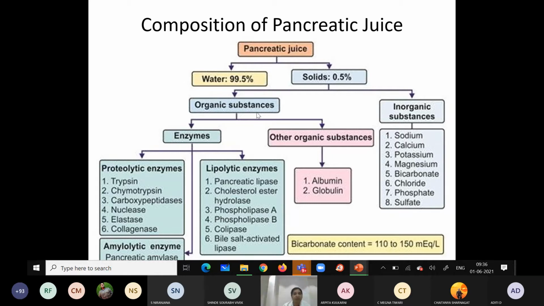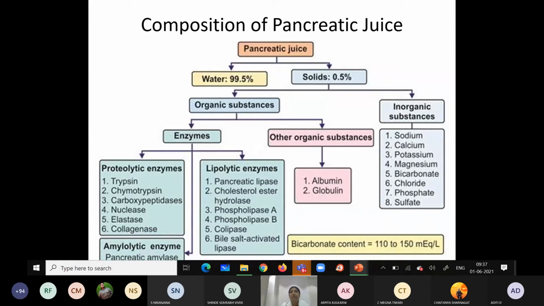So cations and anions form the inorganic substance. The organic substances are further divided into enzymes and other organic substances. Now the others here are very minor in quantity, like albumin and globulin, whereas the enzymes are very important in pancreatic juice, right? These enzymes are further divided into three types. One is proteolytic enzymes, strictly limited to digestion of proteins only, and next is the important lipolytic enzymes.